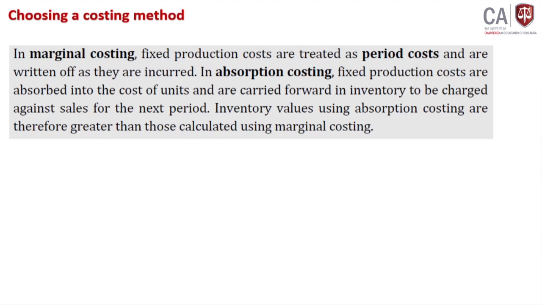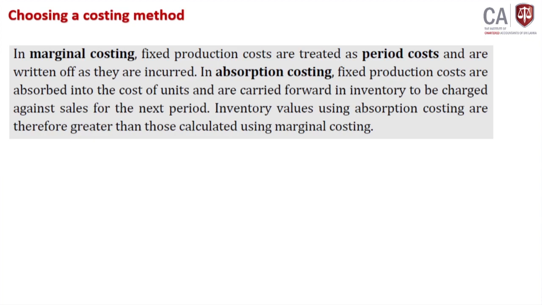But absorption costing, the name itself says you have to absorb. What do you need to absorb? Fixed cost to what? Unit of output, which means to the production unit. That is the difference. In short, in marginal costing, we consider fixed production cost as period cost, whereas in absorption costing, we absorb fixed production cost to unit of output.